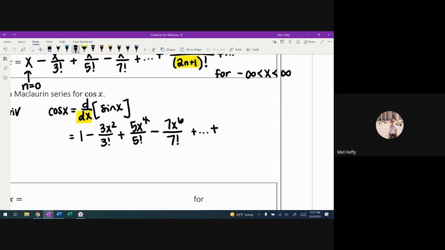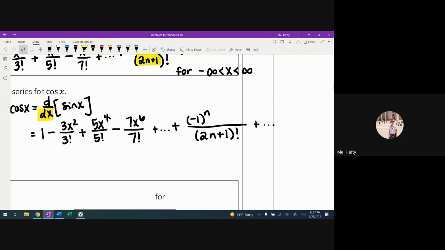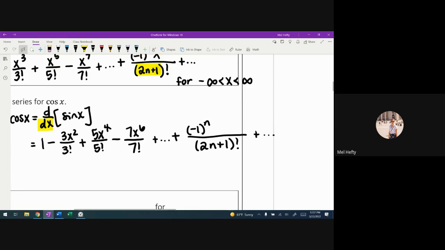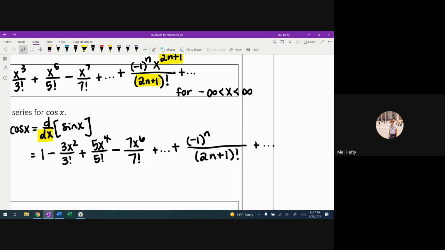The alternator seems to just be doing its thing. And on the bottom, I'm keeping this factorial the same because I'm going to work with canceling it later. Let's look at what the power is doing. So I had x to the 2n plus 1. What do you think the derivative of that is going to look like?